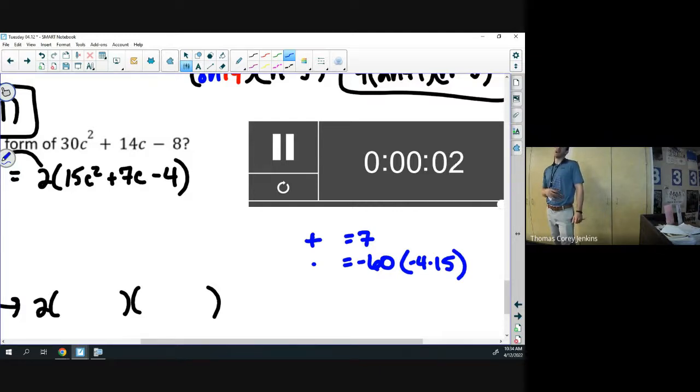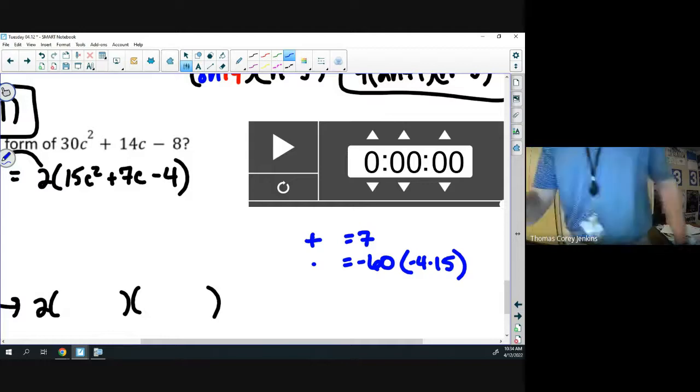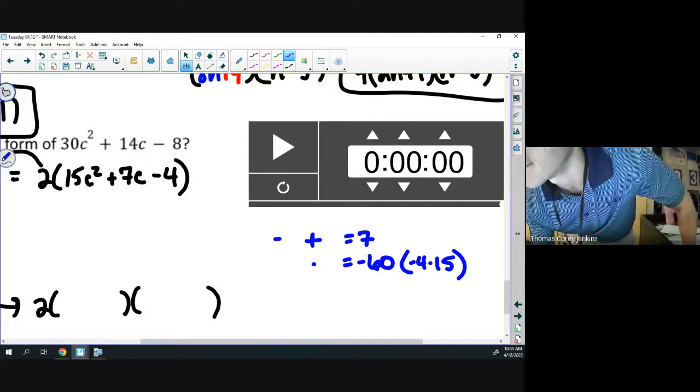Anybody who's doing it like me, so you factored out the 2 first, have you figured out what my 2 factors are that multiply to -60 and add to +7? Anybody know those 2? Avery? -5, +12, that would work. Very good, nice job. I really needed that one because I was having a brain fart and I couldn't think of it.